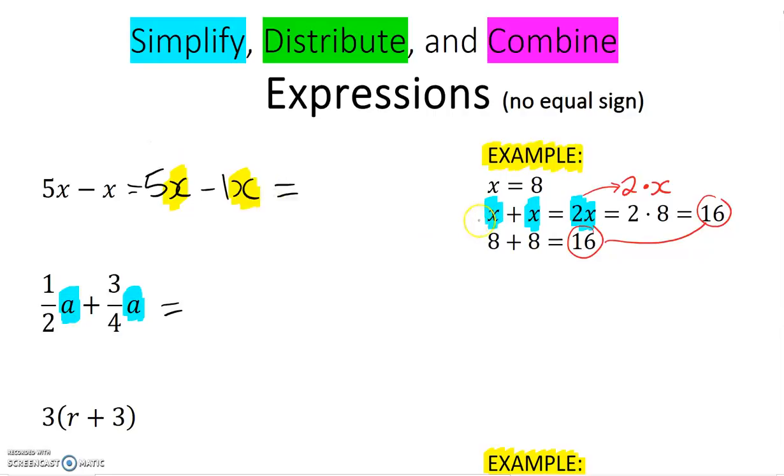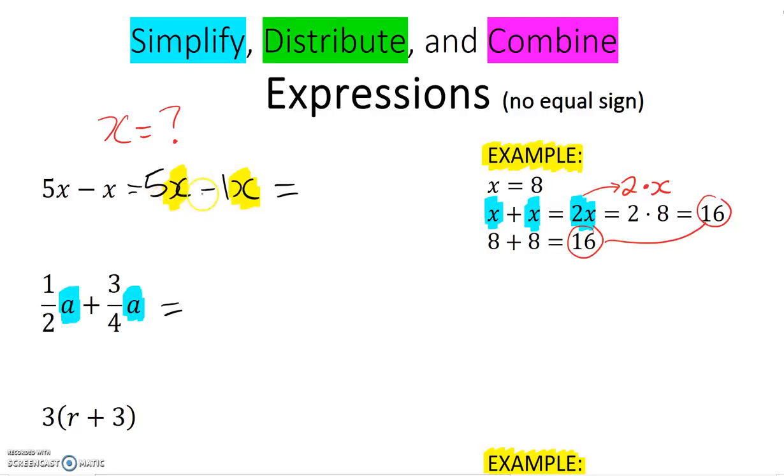That's very similar to this. So we have some options. But remember, what we don't know in this case is what x is. So we are trying to simplify by combining these like terms. And once we know our x, then we can put our number into the x value.